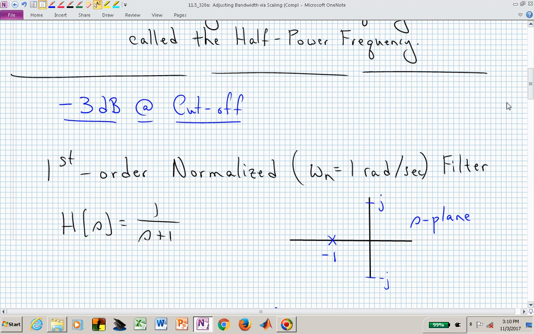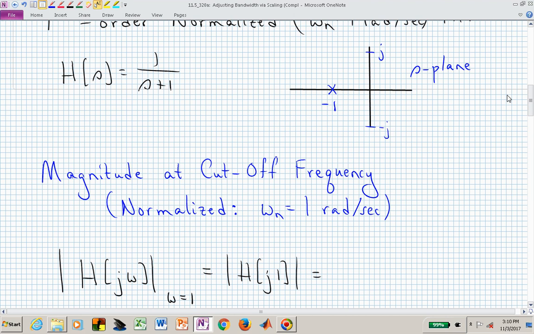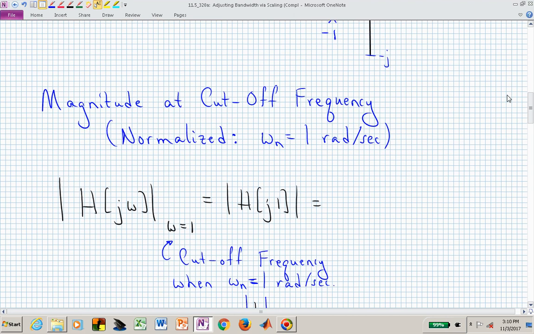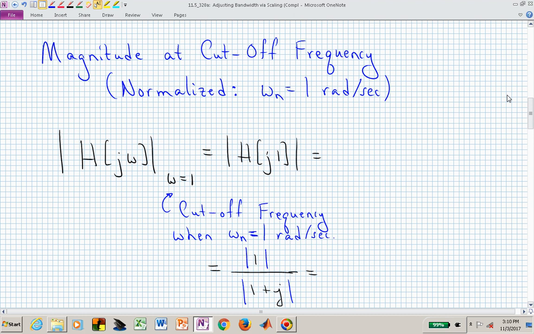Let's now see what the magnitude in dB is for this transfer function at the cutoff frequency, which is omega sub c or omega sub n equal to 1. So the magnitude at cutoff for this normalized transfer function, normalized meaning omega sub n is 1 radian per second. Let's look at H of j omega when omega is equal to 1.